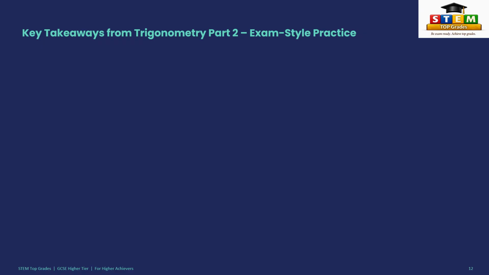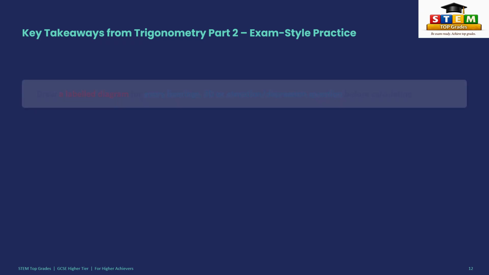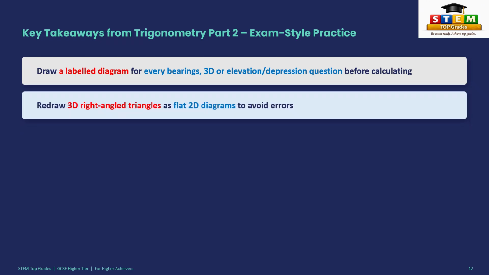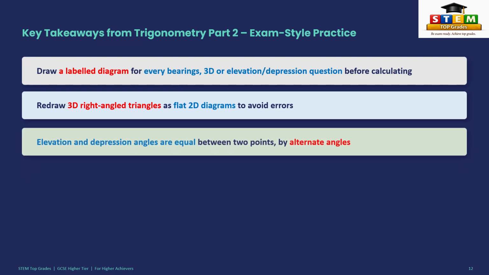Now, let's look at what we've learned so far. So key takeaways from trigonometry part 2 exam style practice. Firstly, you will have picked up that we have to draw a labelled diagram for every bearings, 3D, elevation or depression question before calculating anything. You will have picked up that you redraw 3D right angle triangles as flat 2D diagrams to avoid errors, for more clarity.